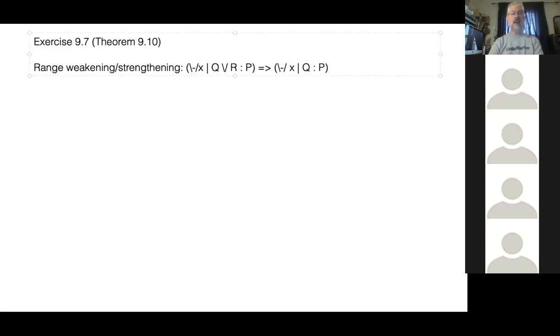So this is saying that if we have an or in the range, we can say that it implies one of the for all with one of the pieces in the range. So if we know that something's true for people that are either computer science or math majors, then we know it's true for computer science majors.